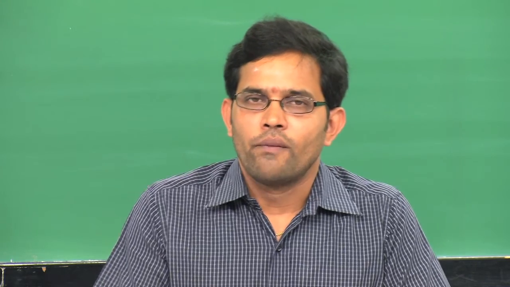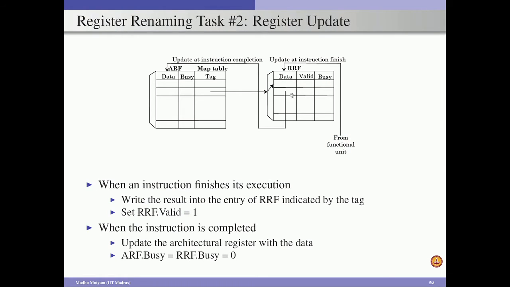So, when we are moving from the finished stage to the complete stage, we have to take the value from this RRF and write it back to the architectural register. But how do we do that? Because we have this map table, and that maps an architectural register to a register in the RRF. So, using that mapping, we just go back and update the ARF, the architectural register.